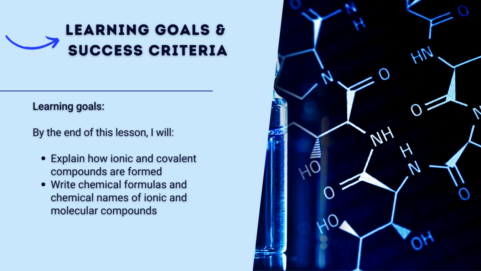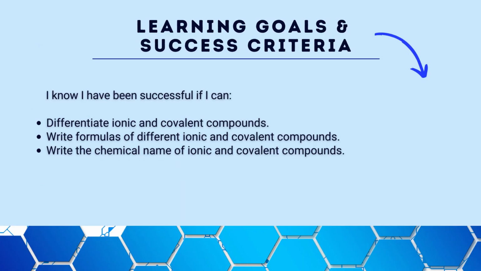The learning goals for this lesson include explaining how ionic and covalent compounds are formed, and writing chemical formulas and chemical names of ionic and molecular compounds. Success criteria, or knowing that you have absorbed all of this lesson's knowledge, can be determined by whether you can complete the following tasks.